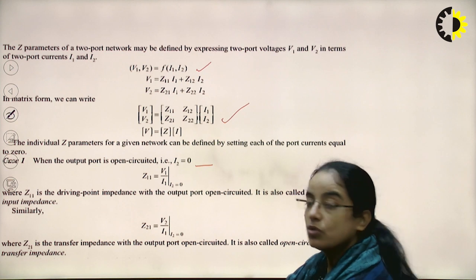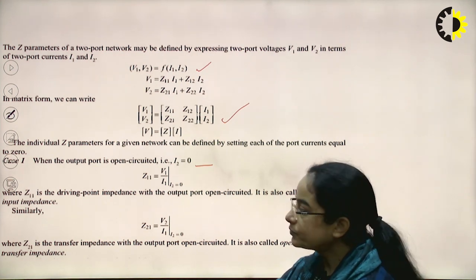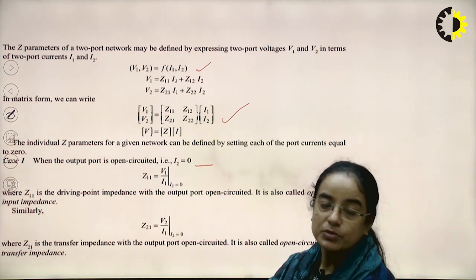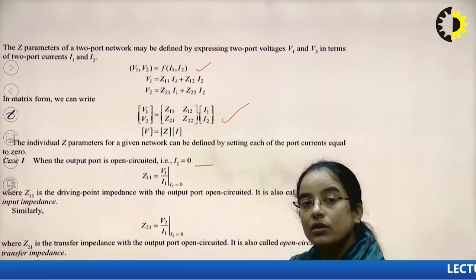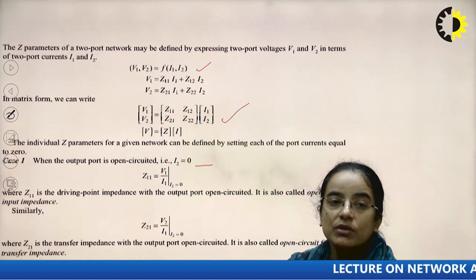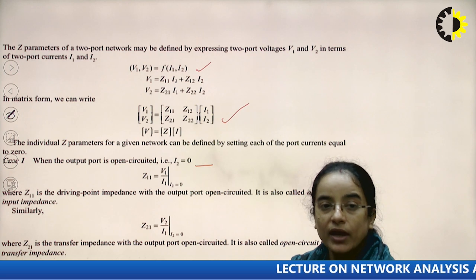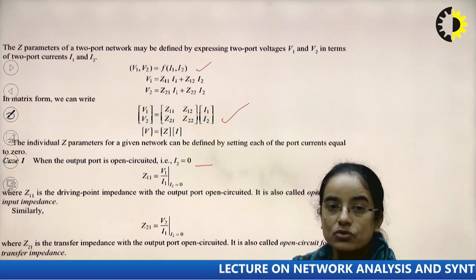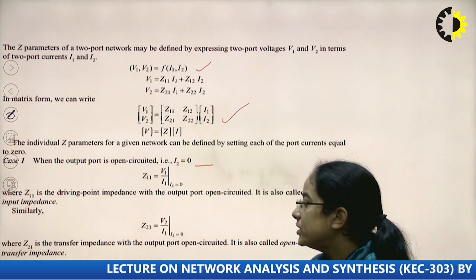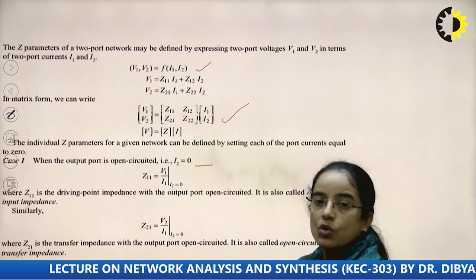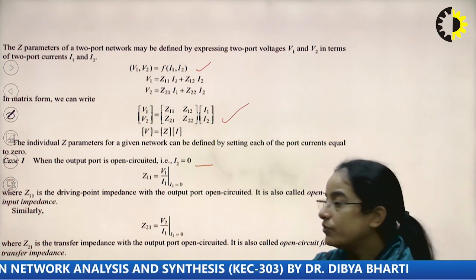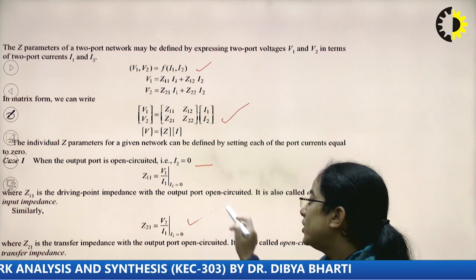It is also known as open circuit input impedance, because it is the ratio of the input voltage to the input current. Similarly, Z21 is V2 by I1, so it is the transfer impedance when the output port is open circuited. It is also known as the open circuit forward transfer function.